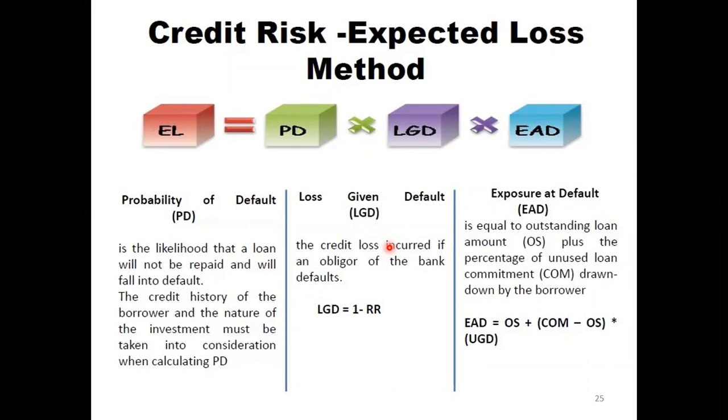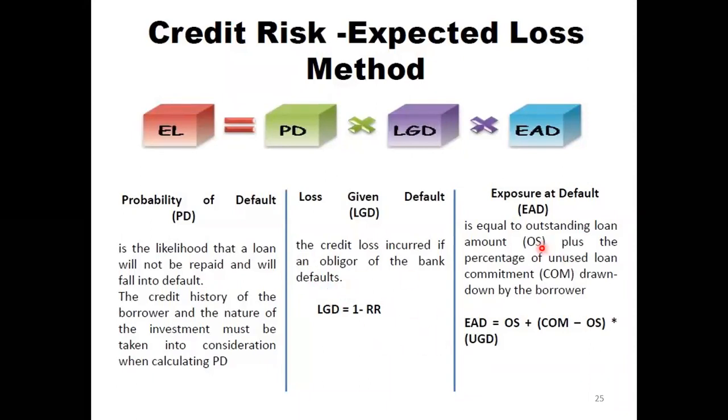If the outstanding balance is just 5 million, then the loss given default is 5 million. The outstanding amount is the credit loss incurred if the obligor of the bank defaults.